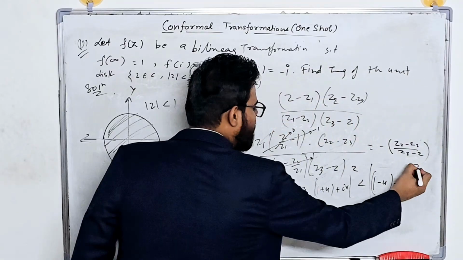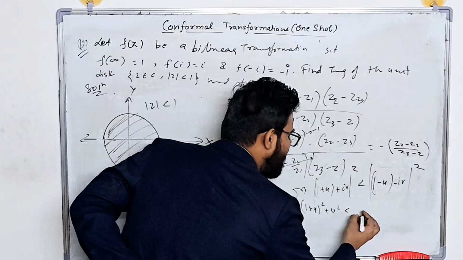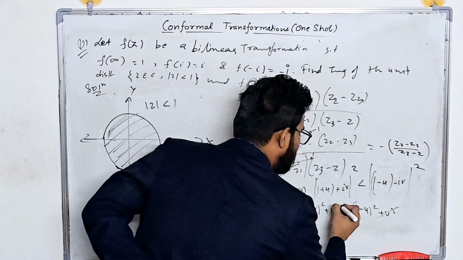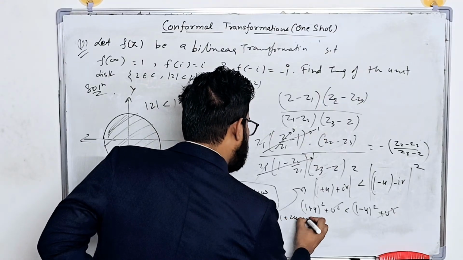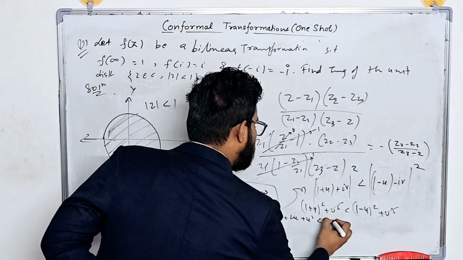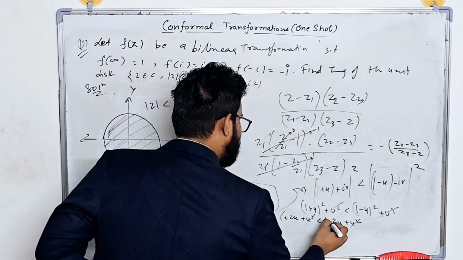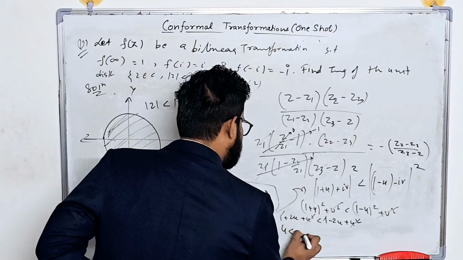Now just square both sides. When you square it, you will get 1 plus u whole square plus v square less than 1 minus u whole square plus v square. v square and v square get cancelled. When you open this, you have 1 plus 2u plus u square less than 1 minus 2u plus u square. This and this get cancelled, 1 and 1, everything gets cancelled. So u is less than 0.